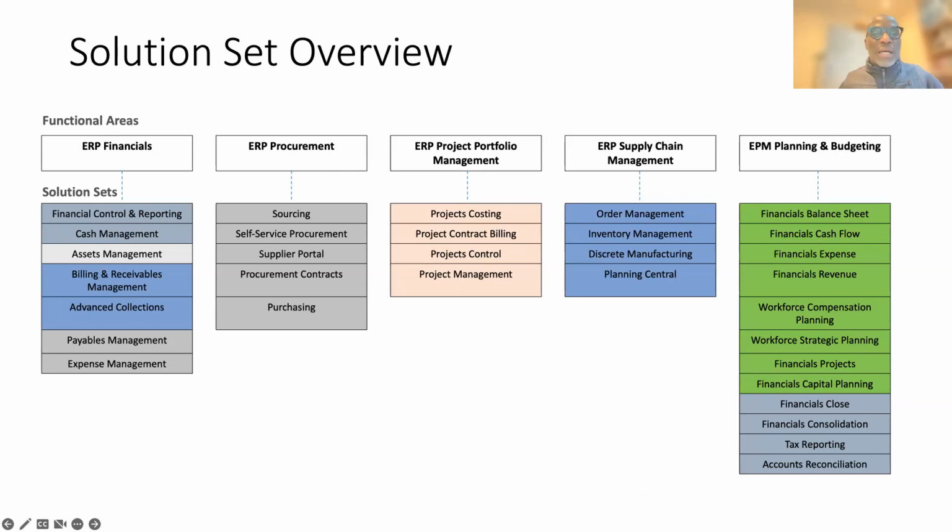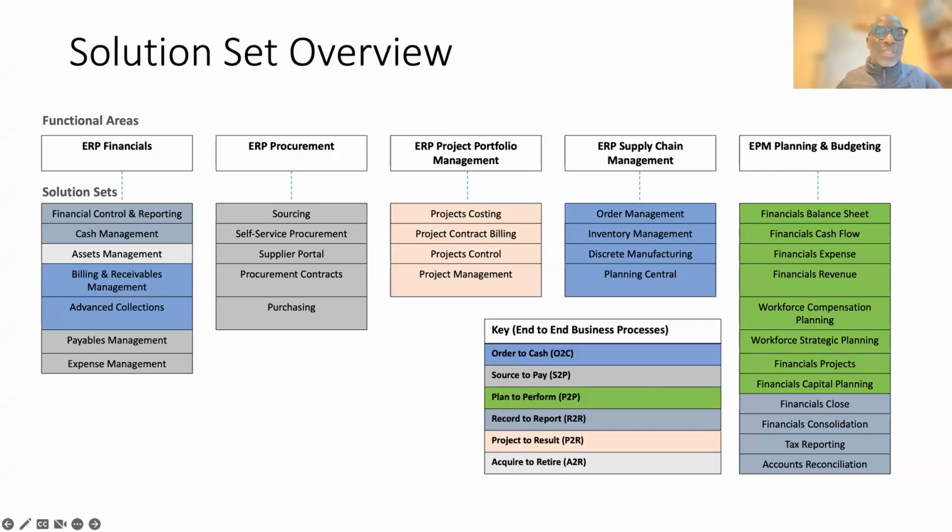So when we now start to look at flows, I'm talking about when you call a flow like procure to pay, account to report, and so on, you could also have some of these functional areas crossing over into some of those core flows, end-to-end. They're actually called the end-to-end business flows.